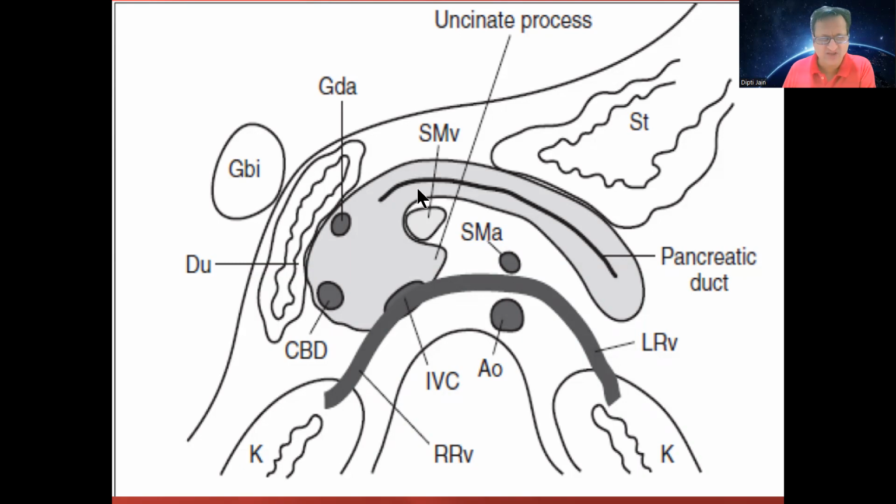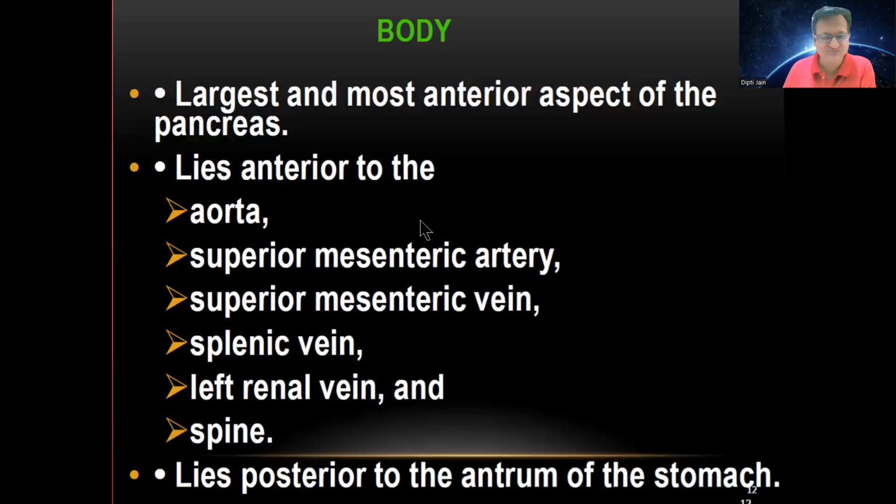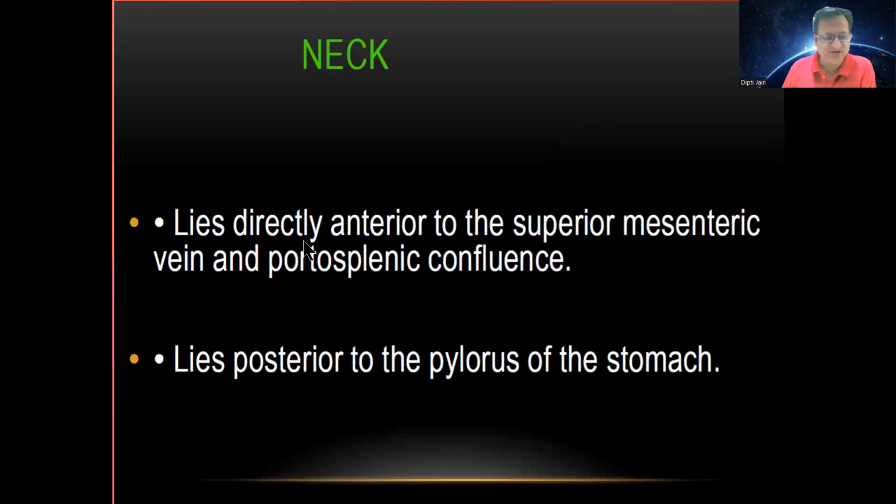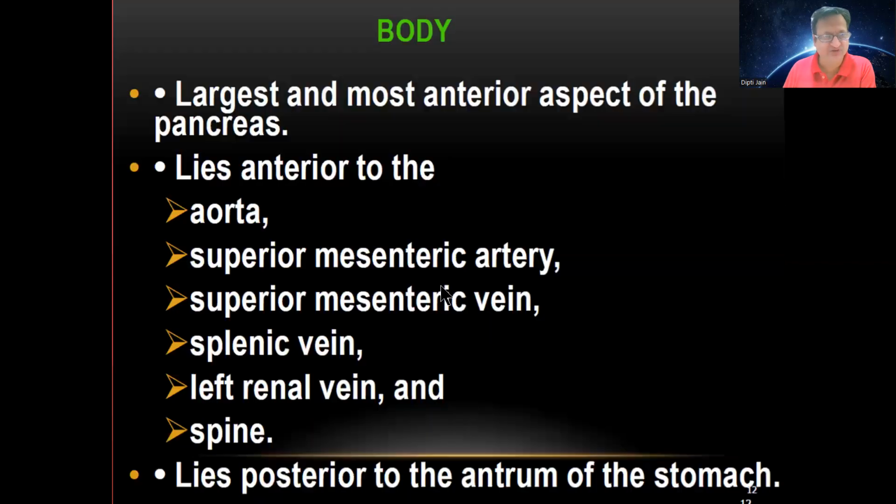So this is the neck, and here lies the portosplenic confluence and superior mesenteric vein, which is directly posterior to the neck of the pancreas. So what is the relation? Neck is anterior to the superior mesenteric vein and portosplenic confluence.